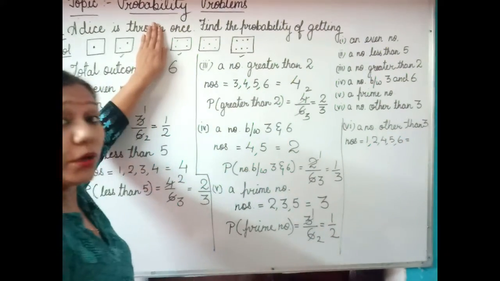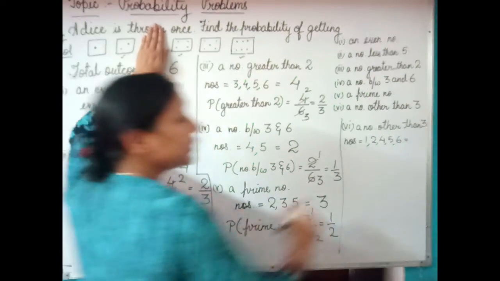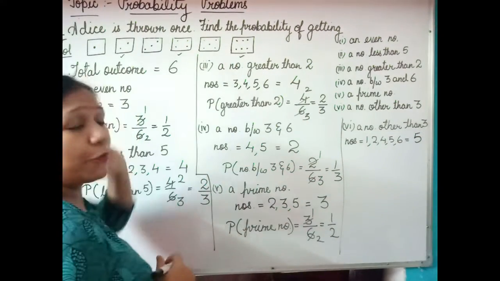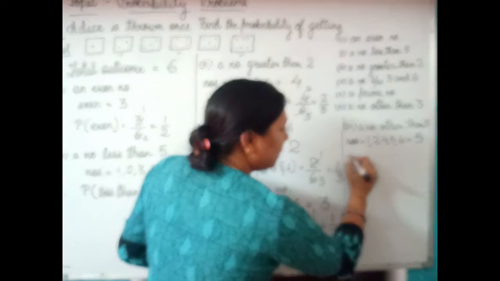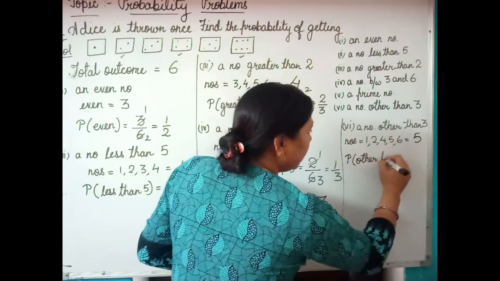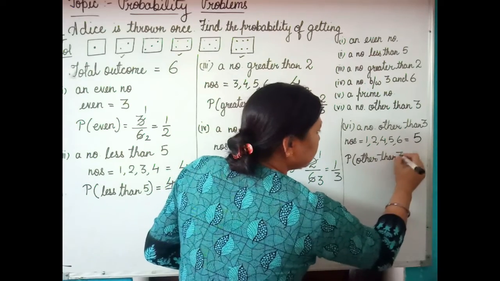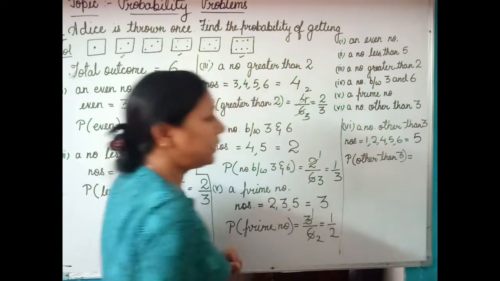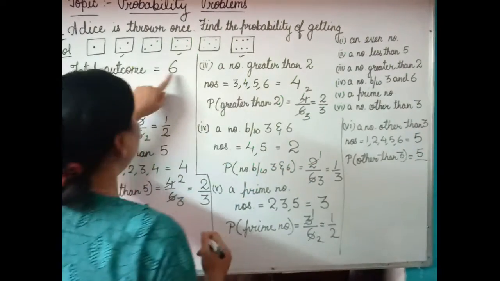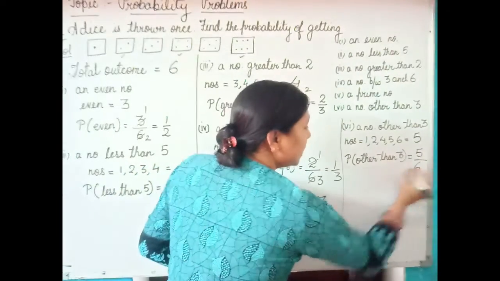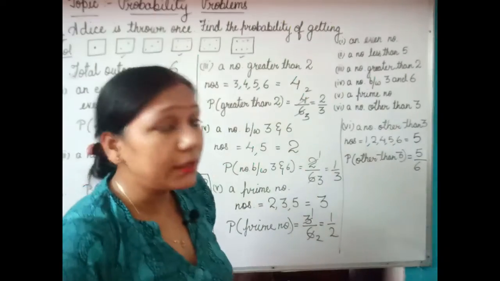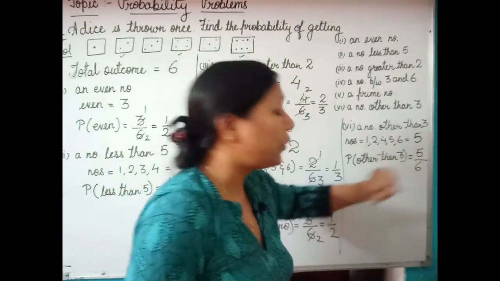But we do not want 3 in our outcomes. So the total number of favorable outcomes is 5. Now the probability of a number other than 3: favorable outcomes is 5 and total outcomes is 6. So our probability for a number other than 3 is 5 upon 6.